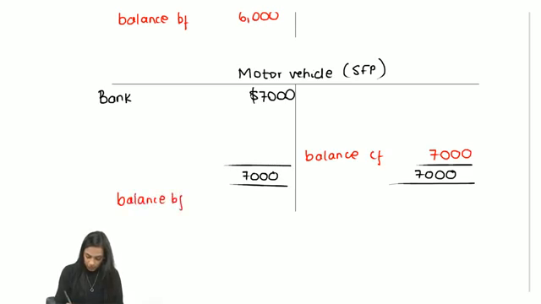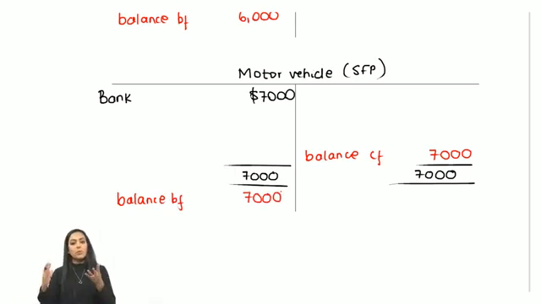And a balance brought forward, 7,000. So we bought a motor vehicle in the last 2 weeks. We're going to have to depreciate it so we can't forget about the car, so we need to bring it forward every single year. So there you have balancing the ledger accounts. Now the balancing figures is what we show on the trial balance.